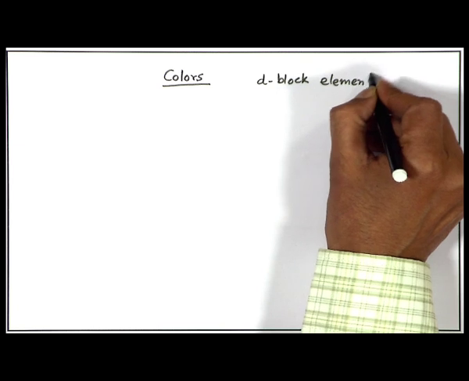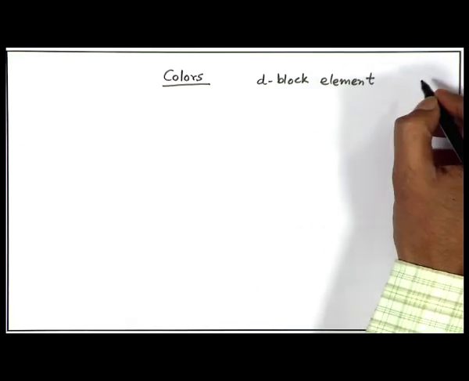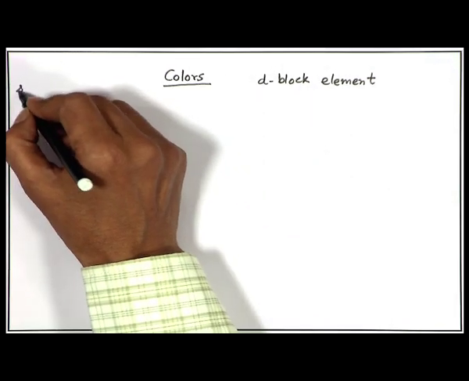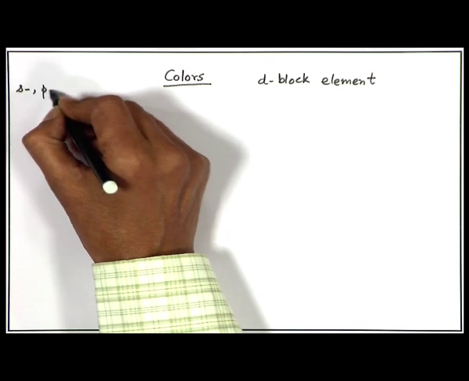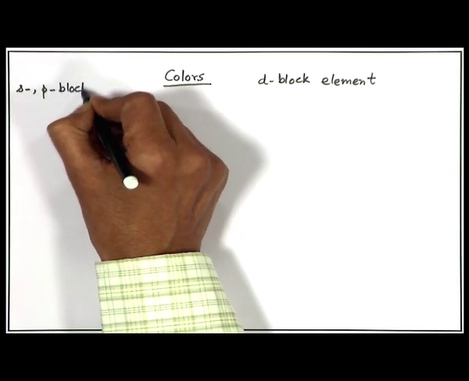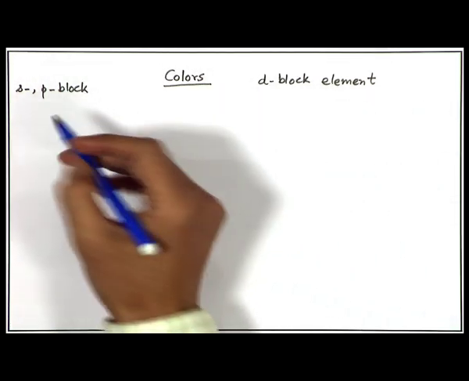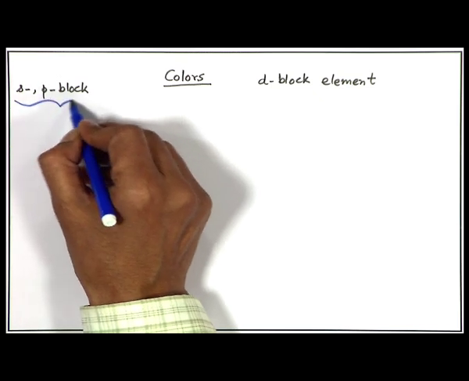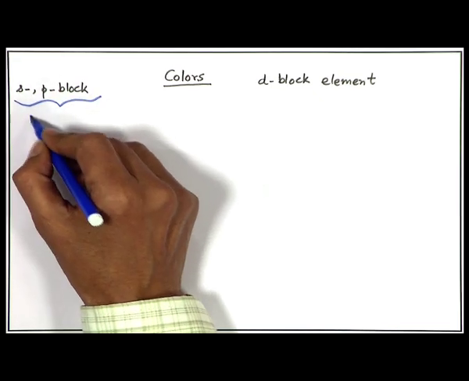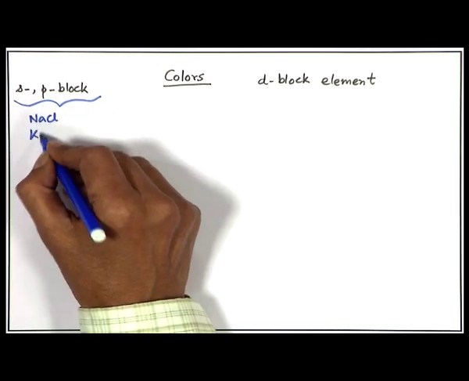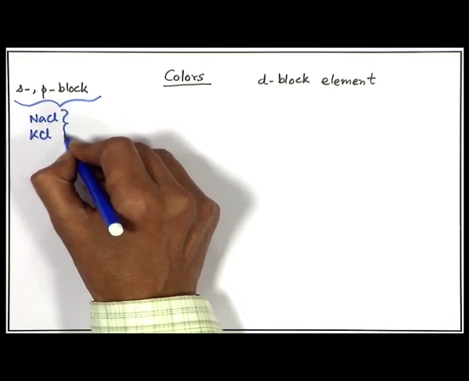And we should have some very good idea compared to the other S and P block elements. Starting from the very well known example, what should be the color of the sodium chloride powder or the potassium chloride powder in the solid state?